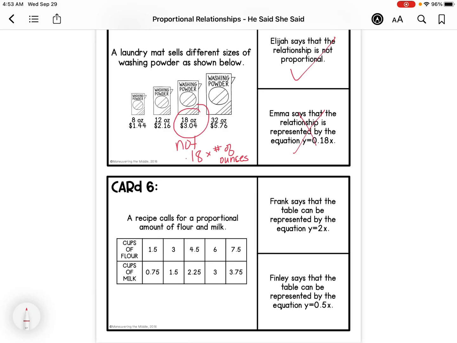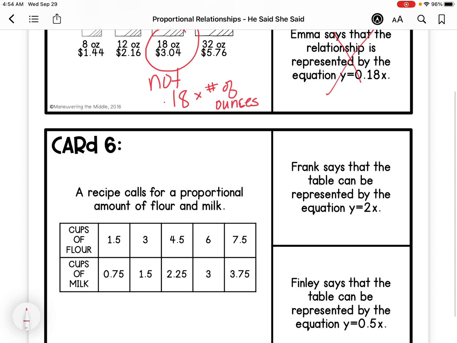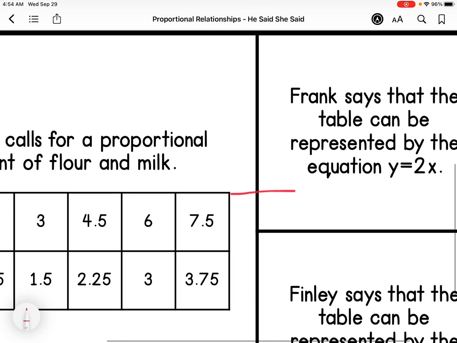Okay, a recipe calls for a proportional amount of flour and milk. Frank says that the table can be represented by y equals 2x. Finley says it's y equals 0.5x. All right, so I know that this is my x and this is my y. So I want to find when x is 1.